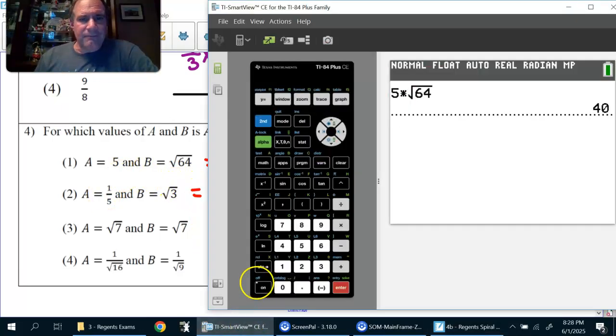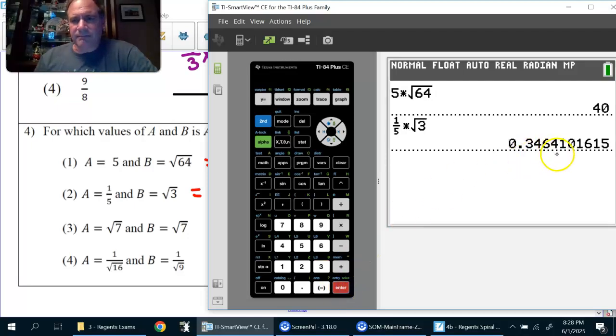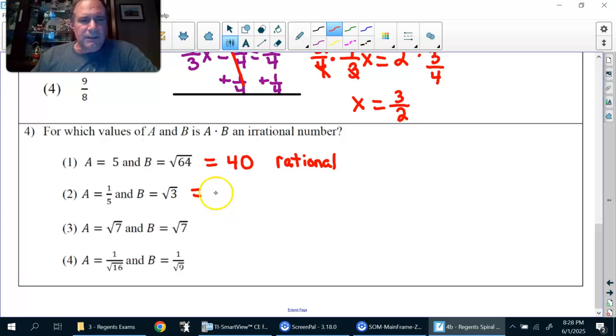But I'm going to do it anyway. This is 1 over 5, which is rational, times a radical 3, which is irrational. And you know that that is going to come out to be an irrational number.